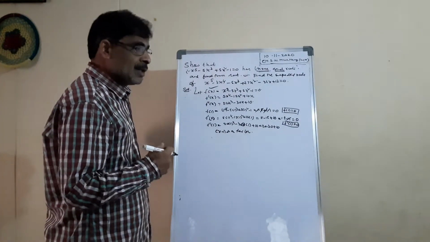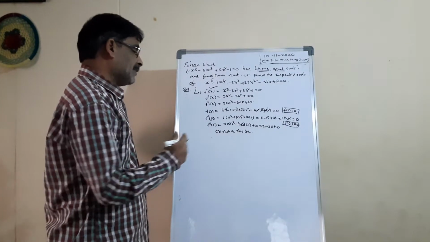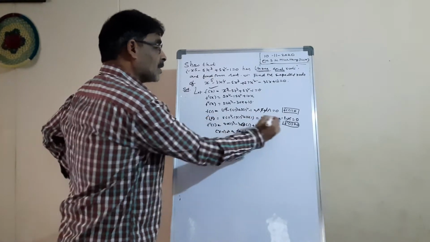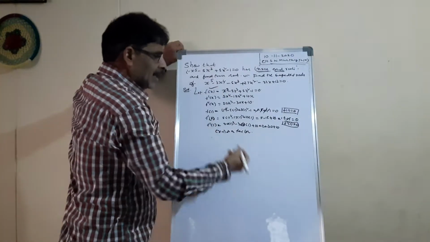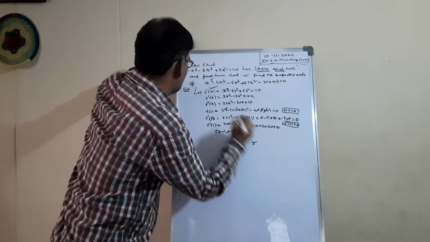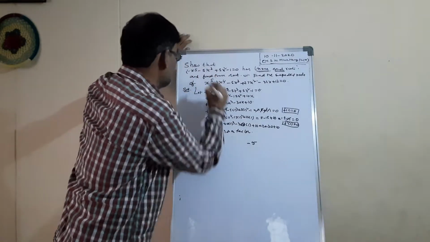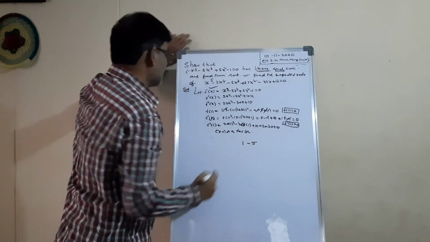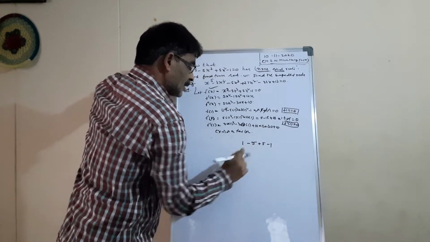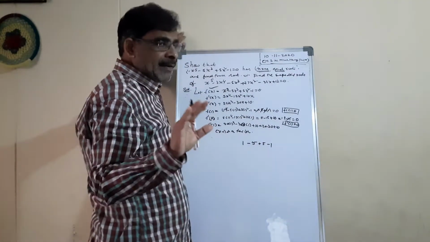Otherwise you can find another way. It means f dash 1 equal to 0. Again you take the coefficients. x power 5 coefficient 1, then minus 5, plus 5, minus 1. See, you have to observe that we cover all the terms.